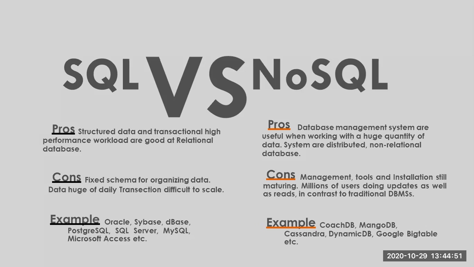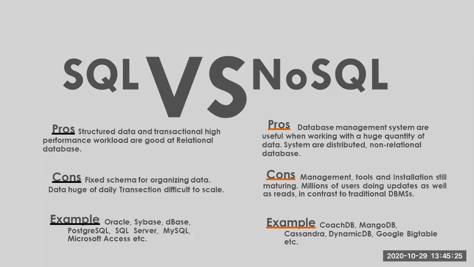Now, what are the pros of SQL? Structured data, obviously, it's SQL, that's why it will be structured data. Then transactional high performance workloads are good with a relational database because it is accessed in a structured way. That's why obviously the transactions can be done in various efficient ways, and that's why it is possible to have high transactional performance.